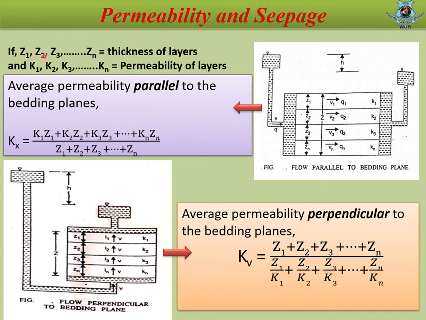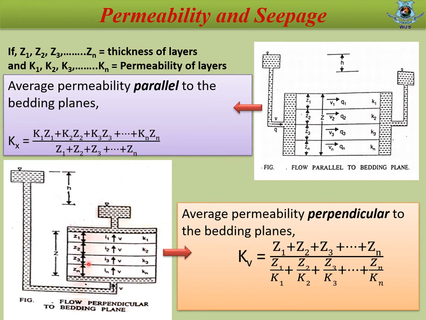If the soil layers are different and have different coefficient of permeability and thickness, the average permeability will be calculated by these two equations. When the flow is parallel to the bedding planes, then average permeability Kx will be Kx equal to K1Z1 plus K2Z2 plus K3Z3 plus KnZn divided by Z1 plus Z2 plus Z3 plus Zn.